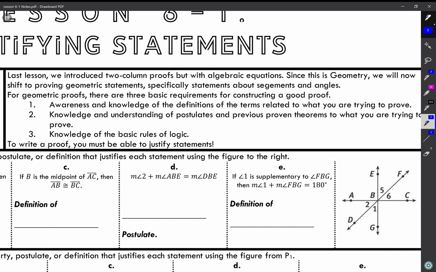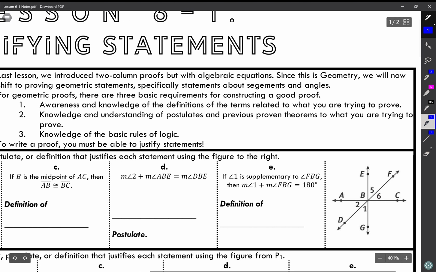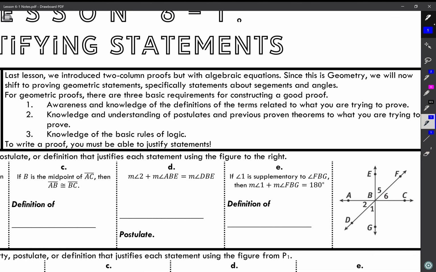Number 2 is knowledge and understanding of the postulates and previously proven theorems that relate to what you are trying to prove. I say previously proven because we cannot use theorems to justify a statement if they haven't been proven before, because we wouldn't know they were true.